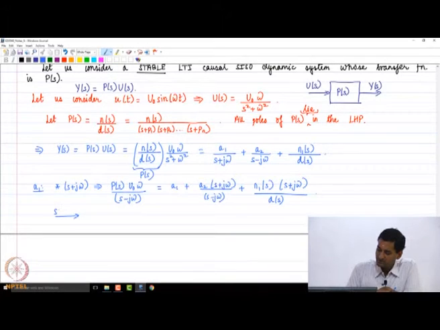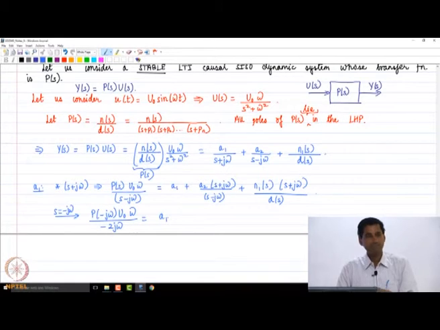So, now what should I do? I should substitute the root of that factor, which is s equals minus j omega. Then I will get P of minus j omega u naught omega divided by, for the denominator, minus j omega minus j omega, which is minus 2j omega, and that is going to be equal to A1, right.